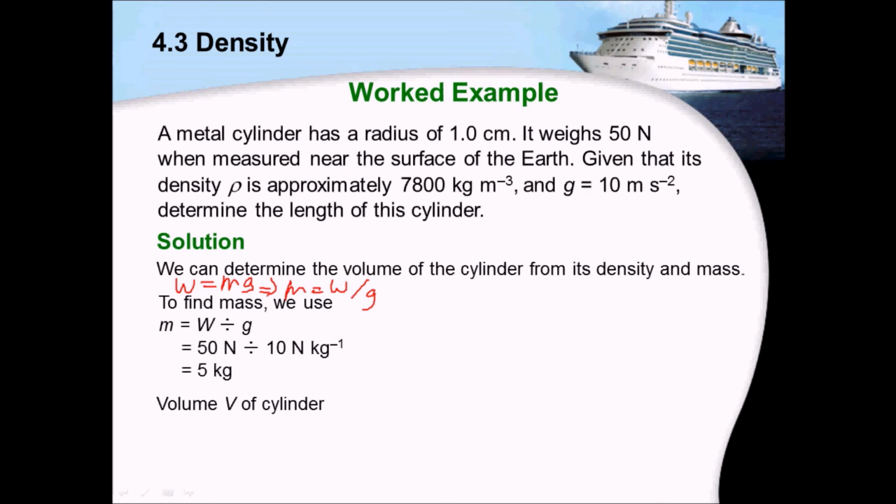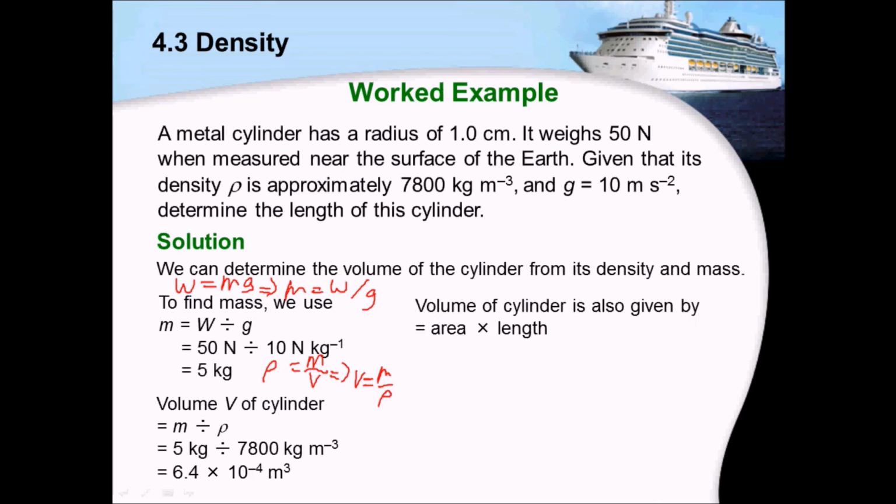After that, you can find the volume of the cylinder using the formula density equal to mass over volume, so volume is equal to mass over density. You get 5 divided by 7800, which gives you 6.4 times 10 to the power minus 4.